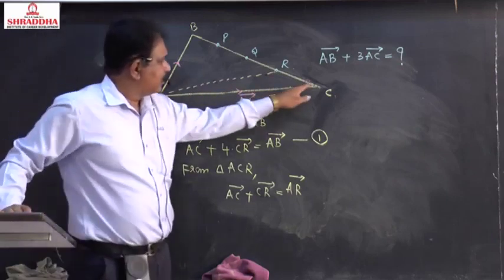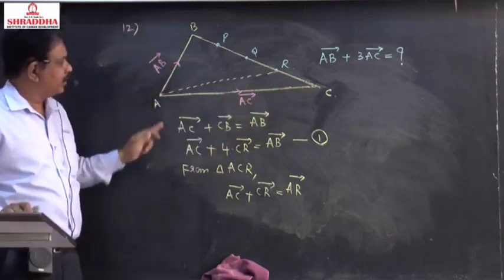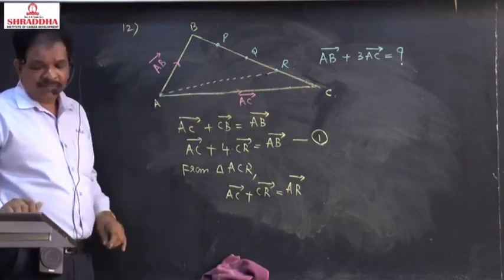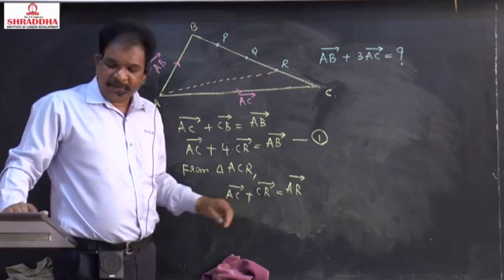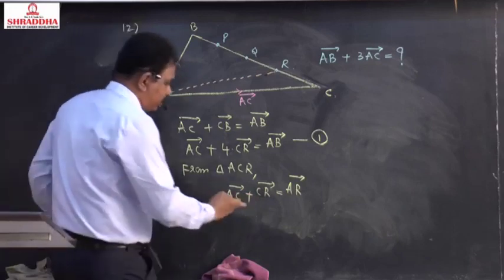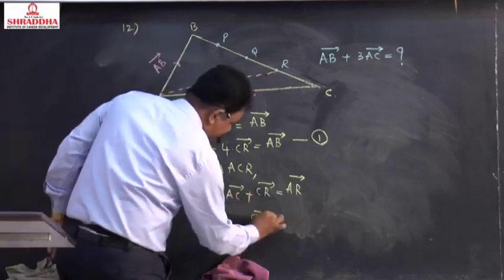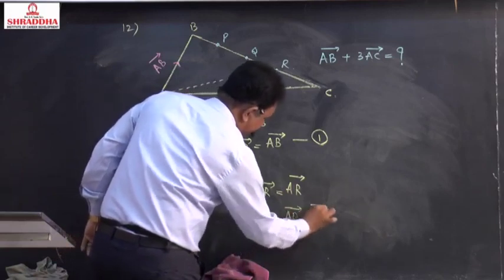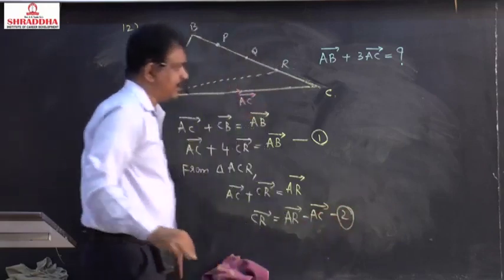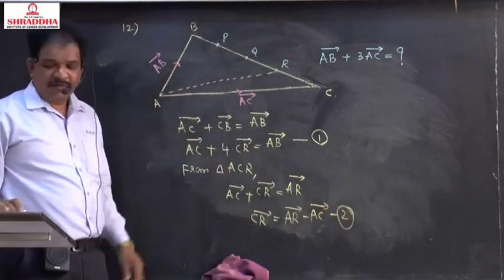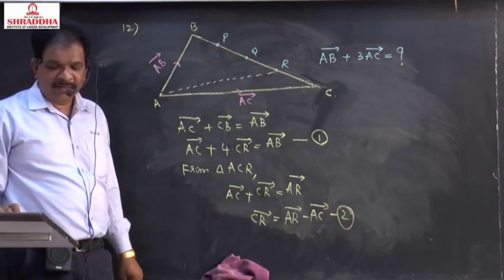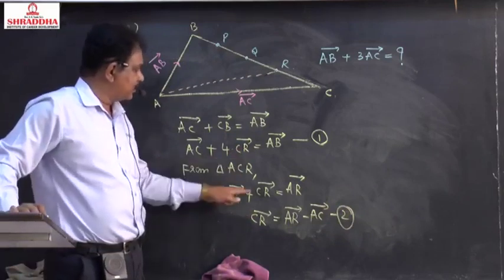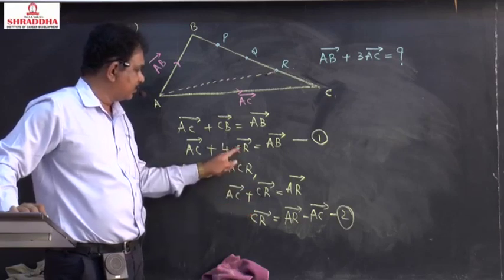AC bar plus CR bar, that will be equal to AR bar. Then CR bar will be equal to AR bar minus AC bar. So bring that one to that side, it becomes minus AC bar. Substitute this one in this one here.